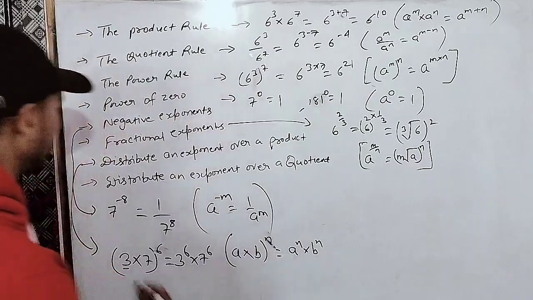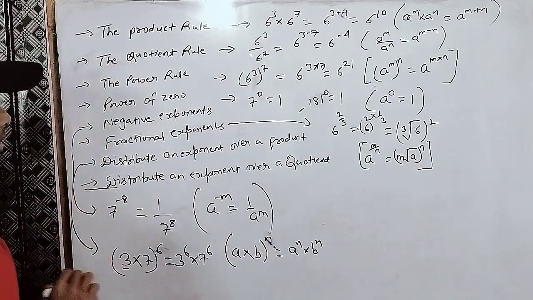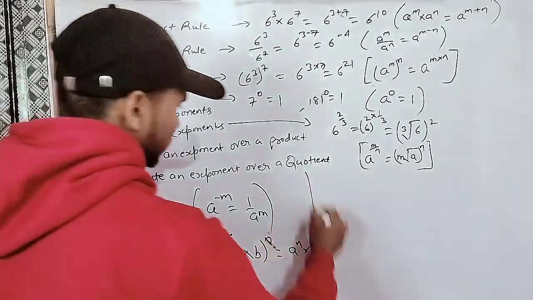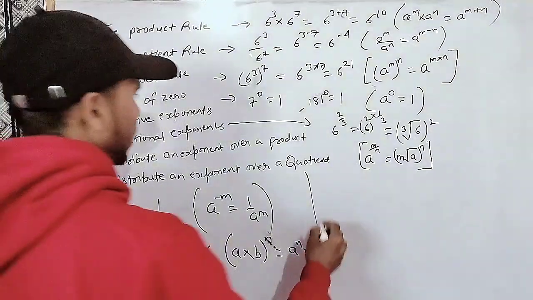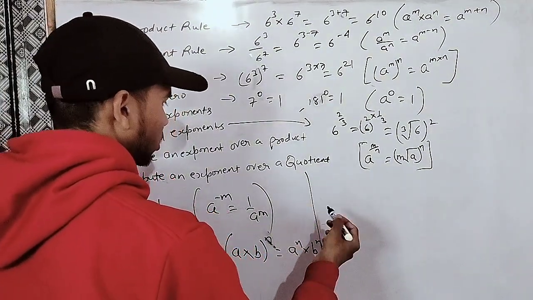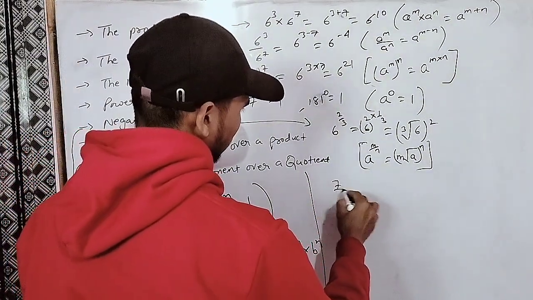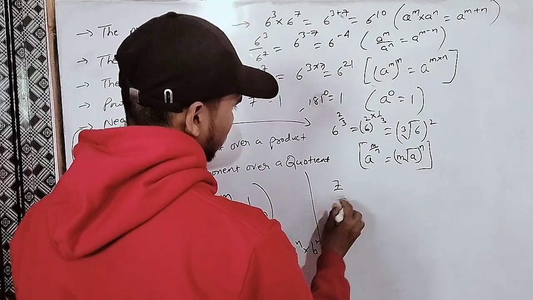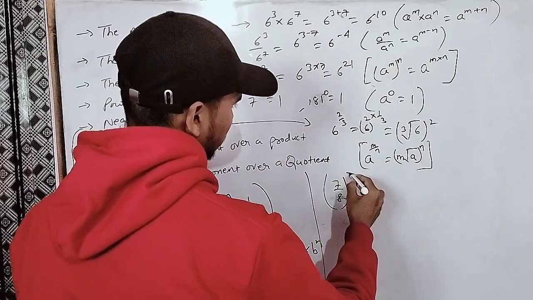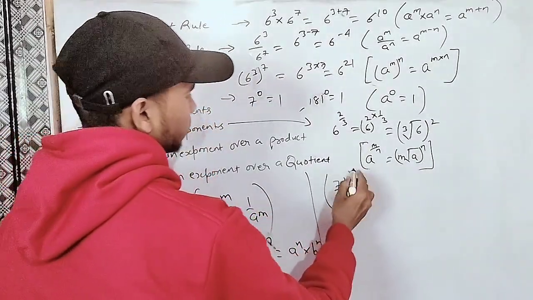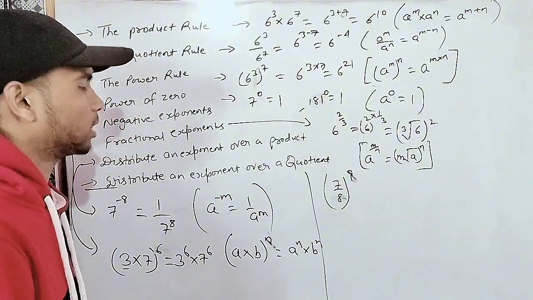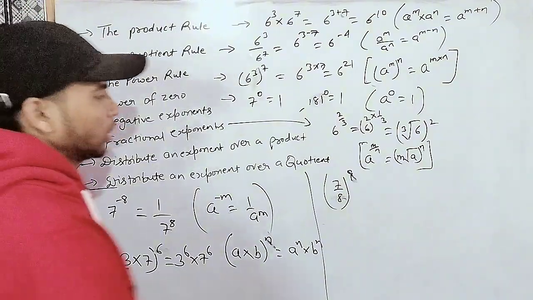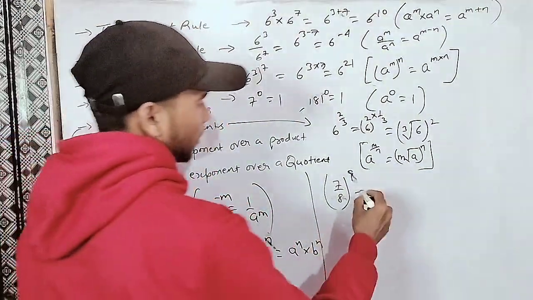Clear. Now it's time for this. It is saying that we have a quotient 7 by 8. Let's say 7 by 8 like that. Otherwise, we can write 9. Now the bracket is the same.